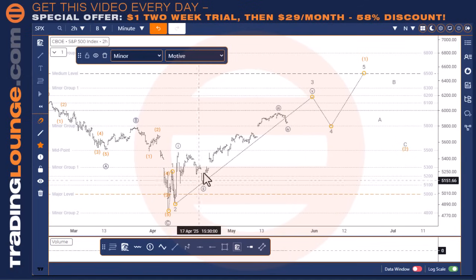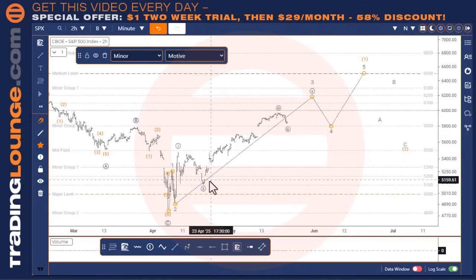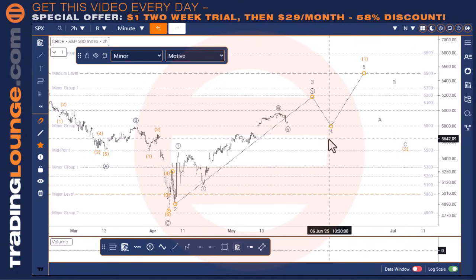I can clearly see the 1s and 2s, but I'm not really seeing anything else, because a wave 4 normally breaks the trend channel through here. We could say this one's breaking the trend channel a little bit, and that's fine, we could do that. But we're not really seeing any big wave 4s just yet, so we don't have to worry about whether that is going to be the top or this is going to be the top.